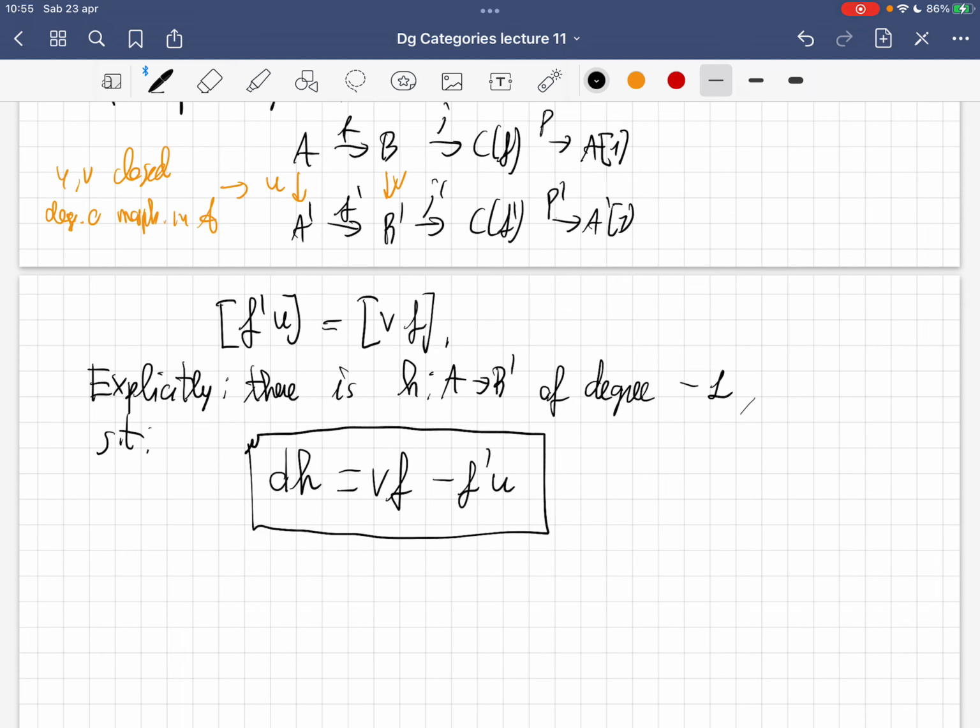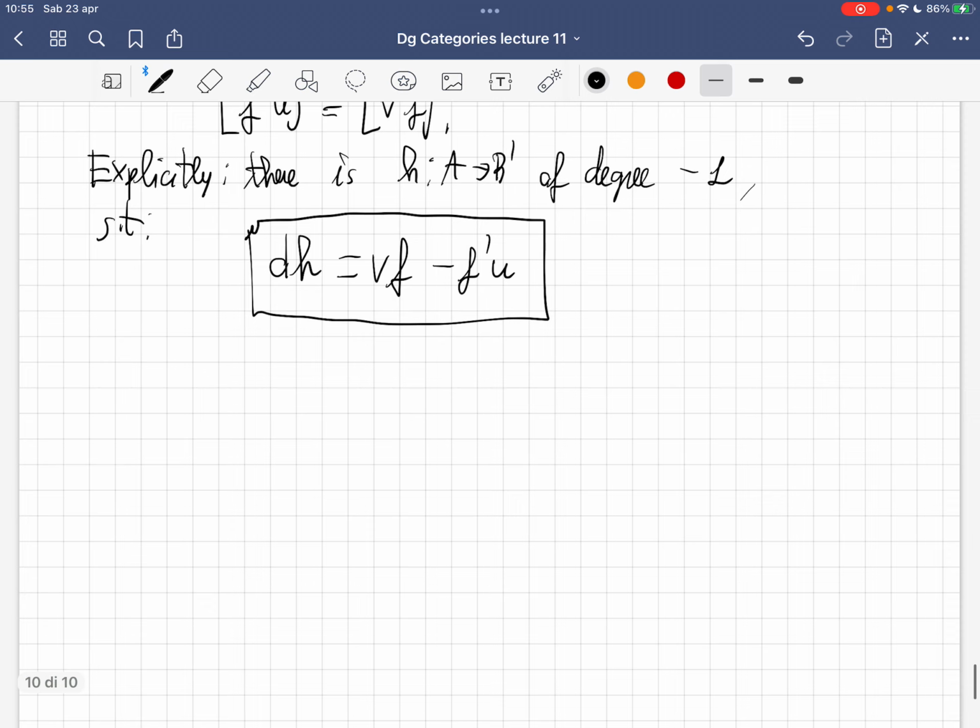So this H witnesses that these two are not equal, but their cohomology classes are equal. And this is an important point, actually.